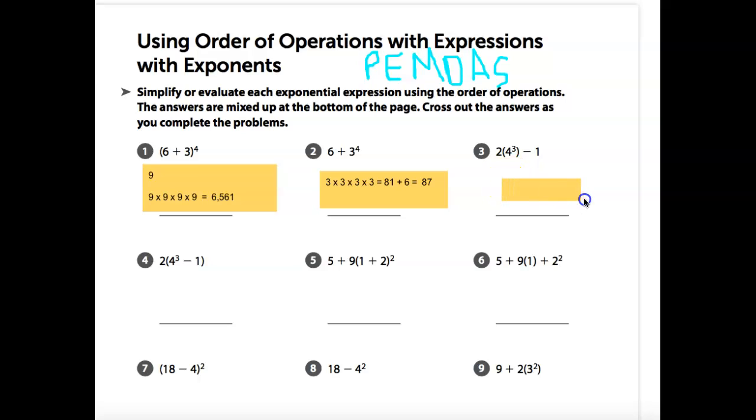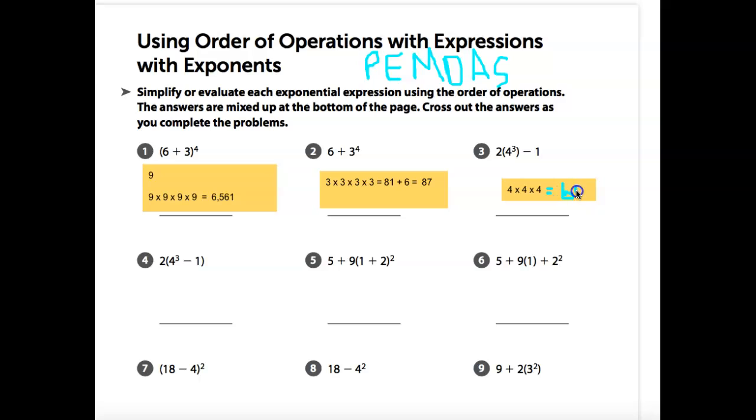So let's do 4 cubed, which is 4 times 4 times 4. 4 times 4 is 16. 16 times 4 is 64.